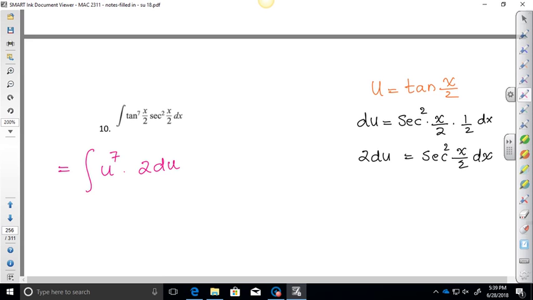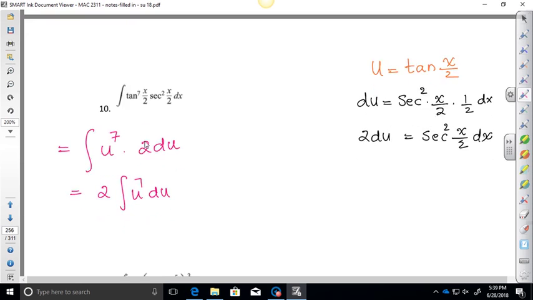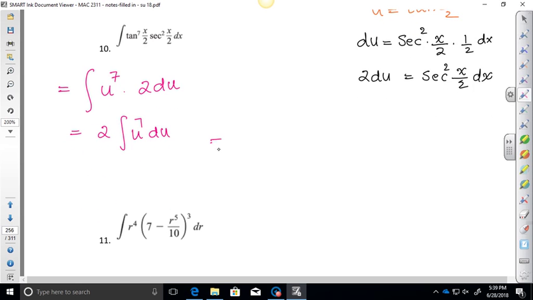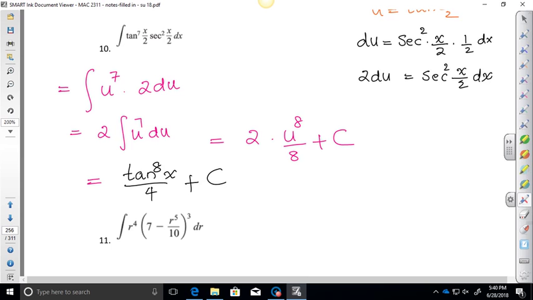So it's going to be 2 times integral u to the 7 du, and the integral of u to the 7 is u to the 8 divided by 8 plus c. Now we have to change it back to x, right? Our u was tan x. So tan to the 8 divided by 4 plus c. That's the final answer.